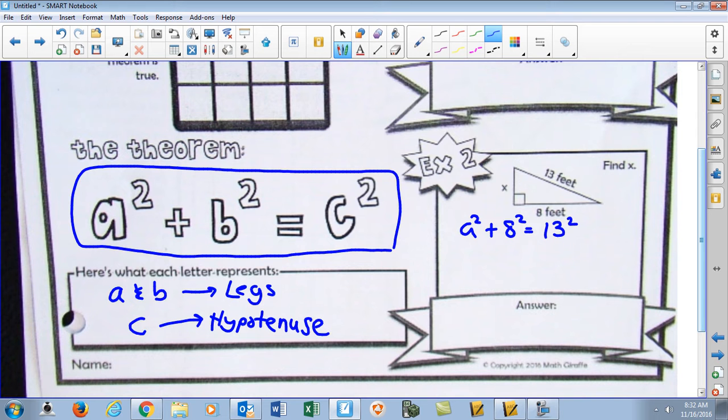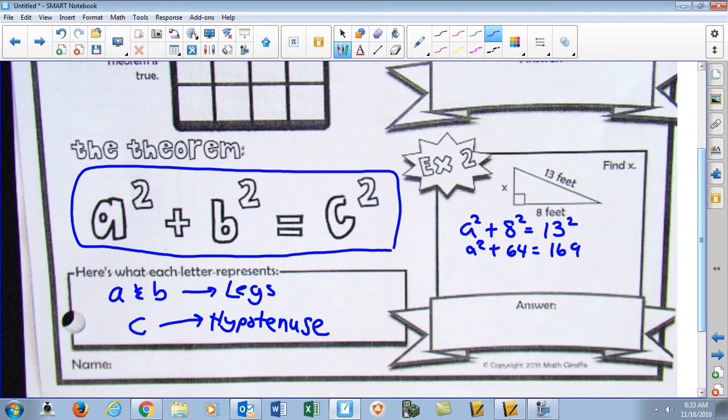Okay? Again, for those of you coming in, don't worry about playing catch up right now. Just go right where we're at so you stay with us. So what is 8 squared? 8 times 8, 64. Anyone know what 13 squared is? 169. Now, just like we did in solving equations, we have to isolate our variable.